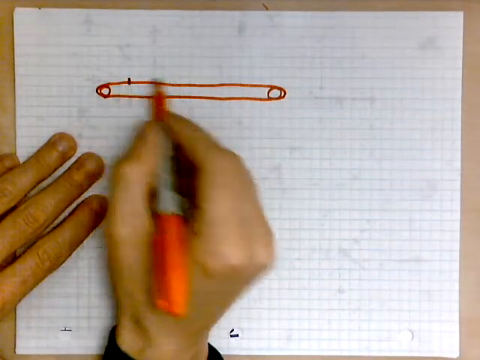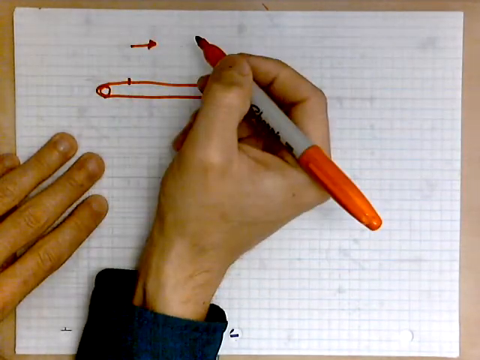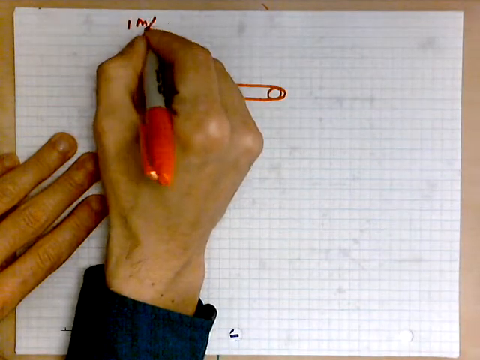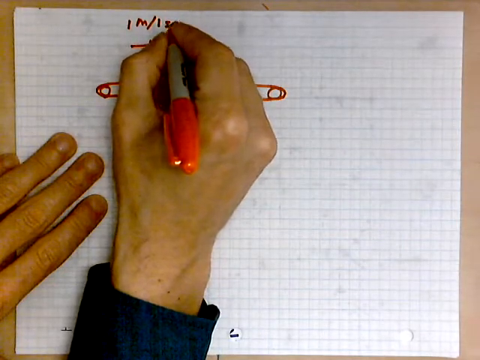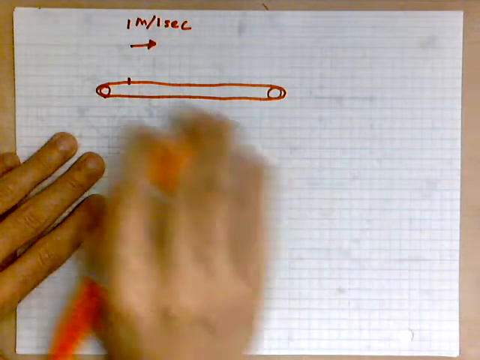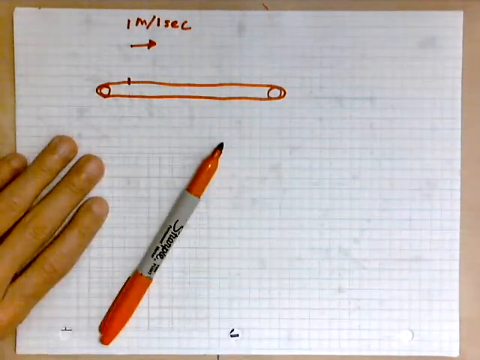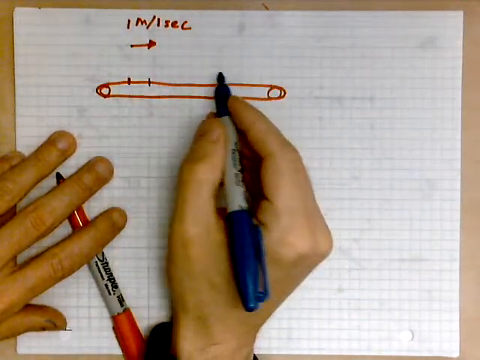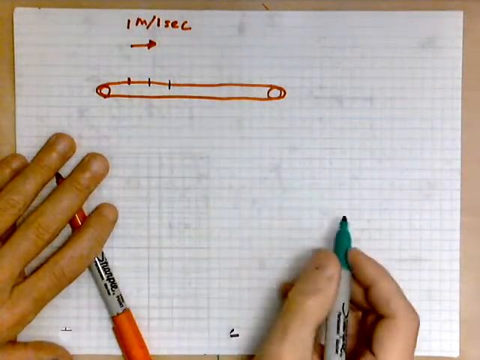If I fix the position on the roller, let's say that can move at 1 meter per 1 second, for example. So it's fairly brisk, okay? So 1 second later, this point here has moved, and it's now located over here. And then another second later, this point has moved again, and it's now located over here.